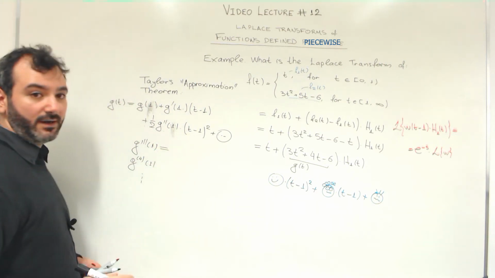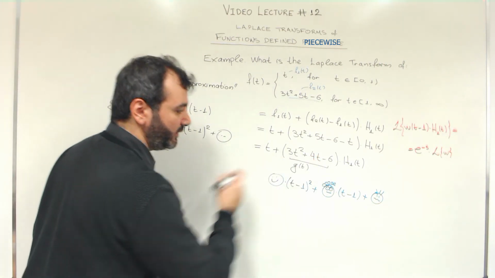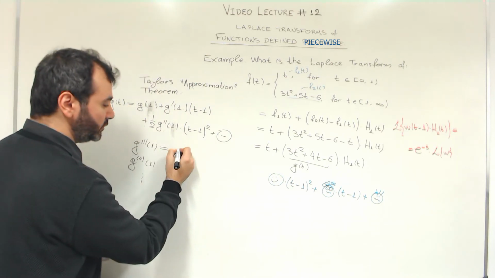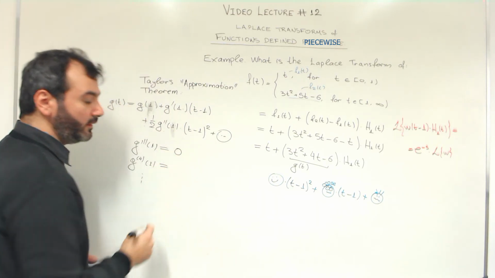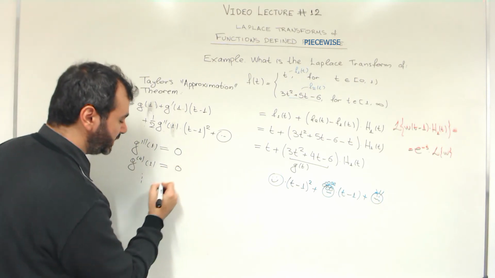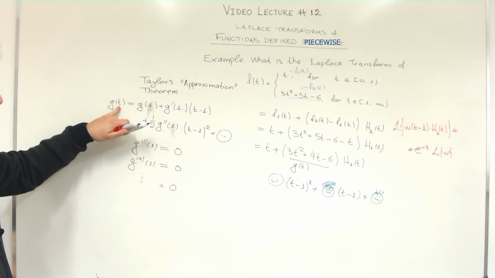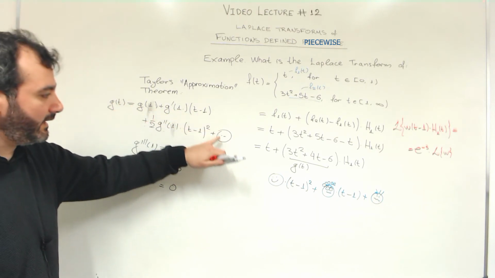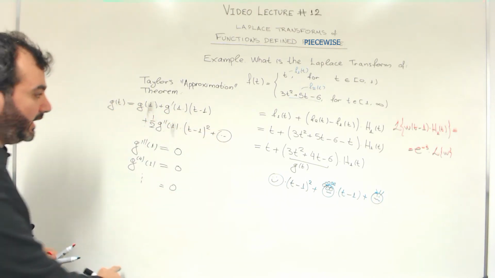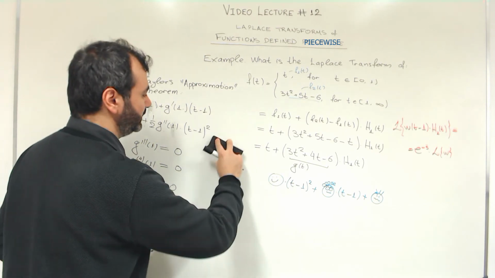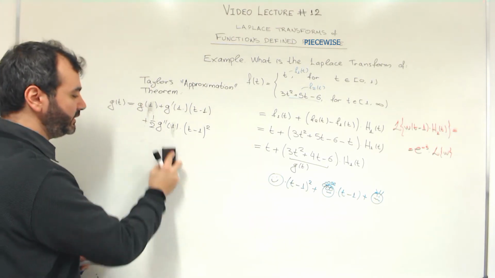Therefore, you can verify that the third order derivative of the second order polynomial is equal to 0, the fourth order is equal to 0, and everything else is equal to 0. Therefore, we can write g of t like that without an approximation error. It is an exact derivation.